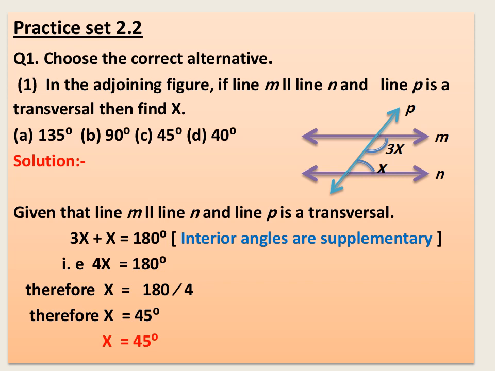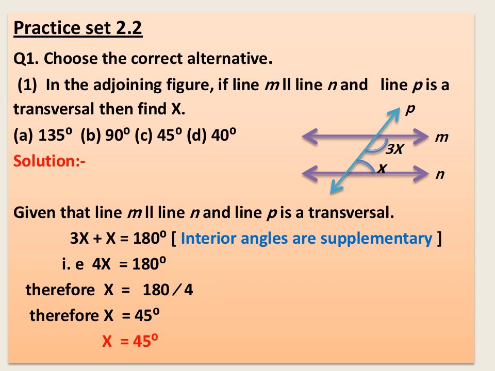Solution. Students, in this figure, as given, line M is parallel to line N and line P is a transversal. Therefore, the angles 3x and x are between the parallel lines and on one side of the transversal, so these angles are interior angles.